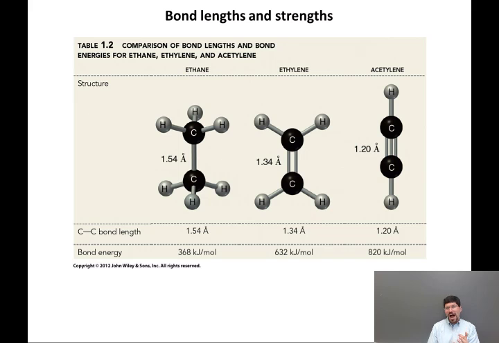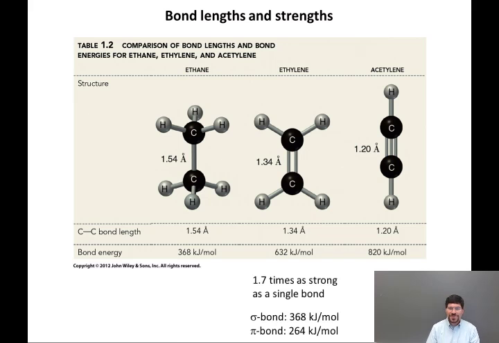Now, a double bond contains two bonds, and you may think that it would take twice as much energy to break a double bond as it does to break a single bond, but that turns out not to be true. The bond dissociation energy of the double bond is 632 kilojoules per mole, and it's only 1.7 times as strong as a single bond, not a full 2 times as strong.